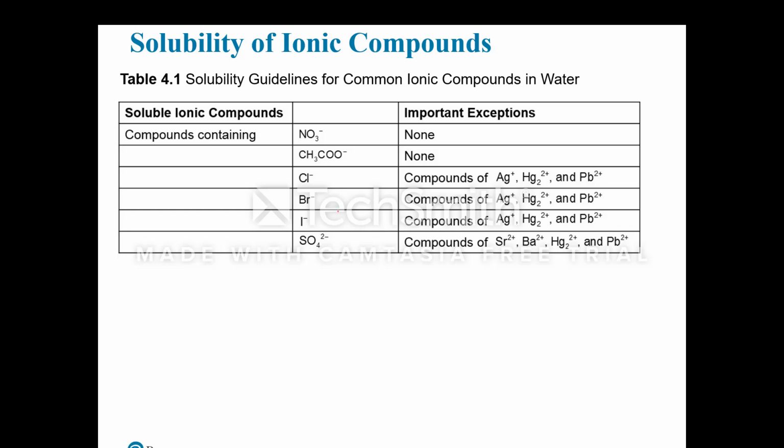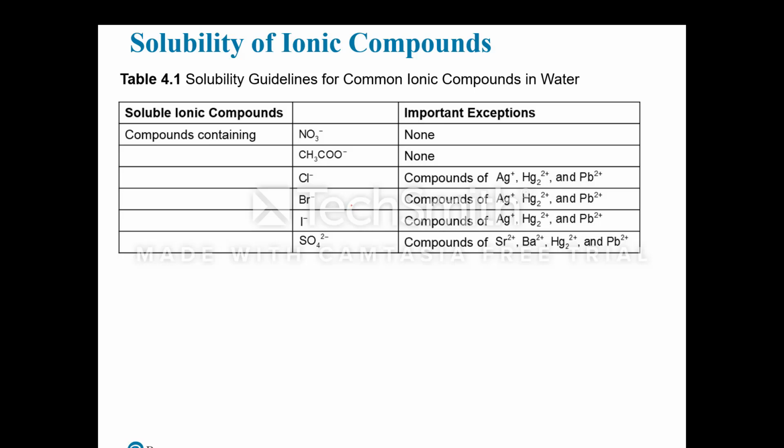There are some exceptions though. Ionic compounds that are composed of silver +1, mercury 2, 2+, and lead 2+ paired with the chloride, bromide, or iodide ion are insoluble in water.